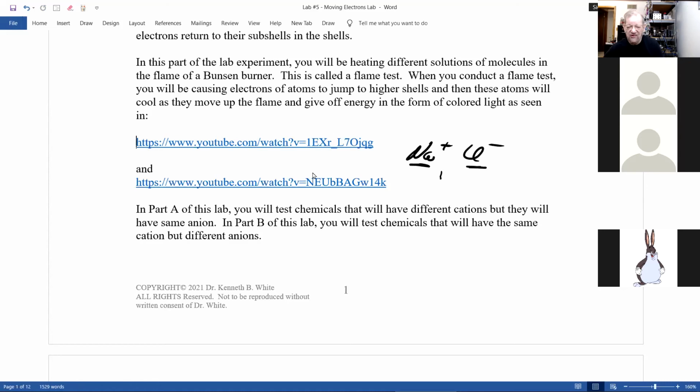By the way, salt, sodium chloride, you'll see this, I'm not giving away, has a yellow flame, causes the flame to go yellow. Well, which is it? Is it the sodium cations or the chloride anions that cause the color? Well, in this lab, you're going to find out.